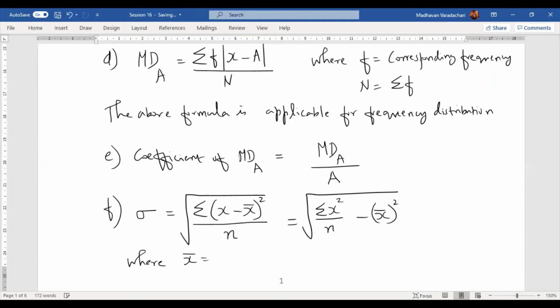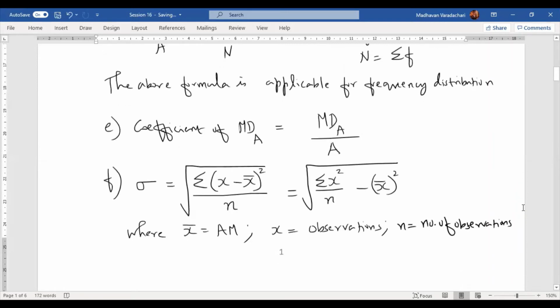where x bar is the arithmetic mean, x denotes observations, and n is the number of observations. So this is standard deviation.